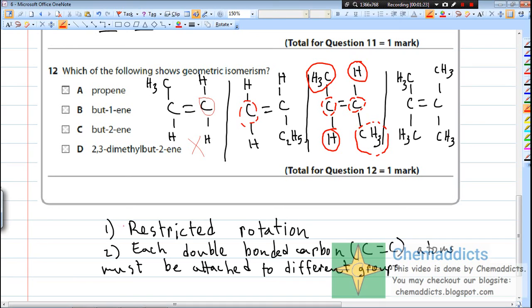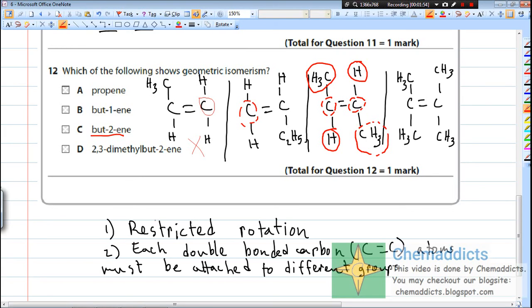This particular molecule, butene, fulfills two criteria. The first criterion is restricted rotation around the double bonded carbon atoms.